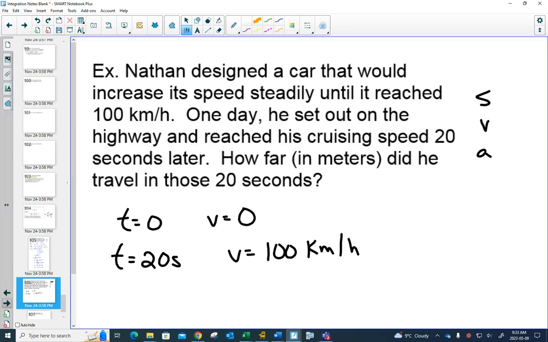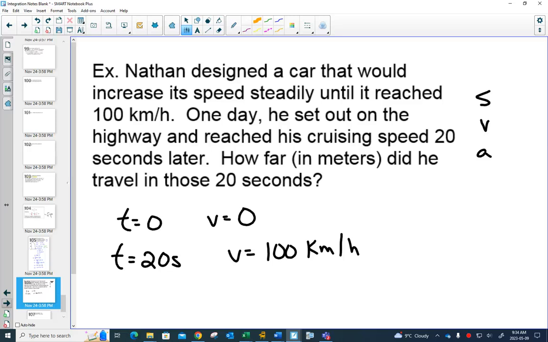And another thing that's going to cause us problems in this question is our units. 20 seconds, and our speed is in hours. So either we can decide to do everything in hours, but then 20 seconds is going to turn into a very, very small unit.